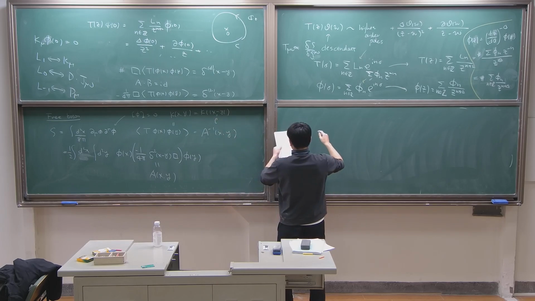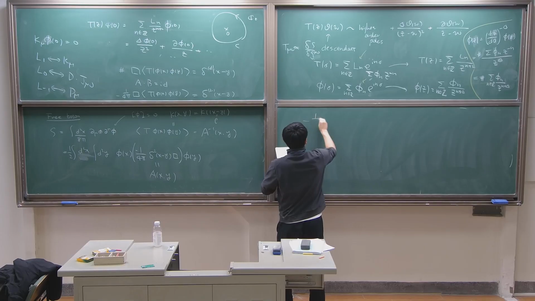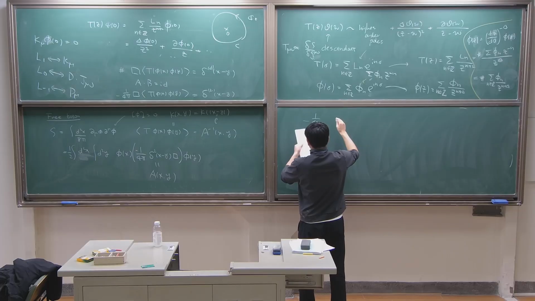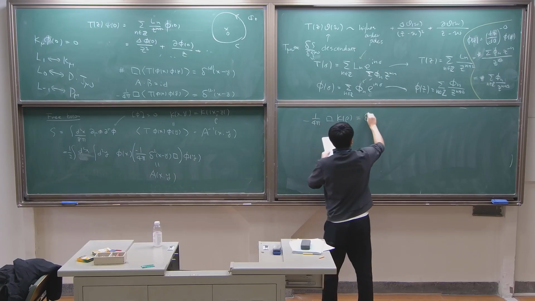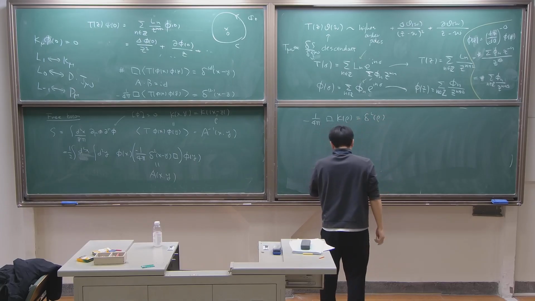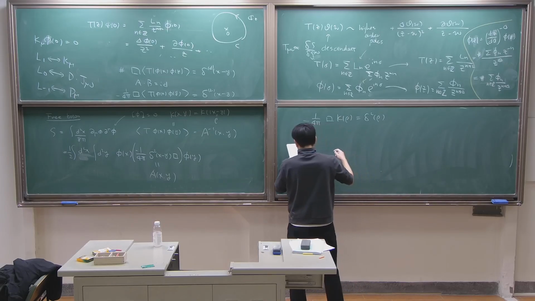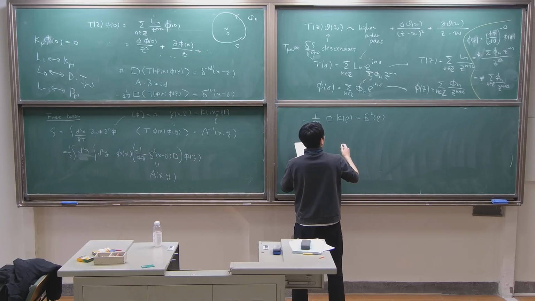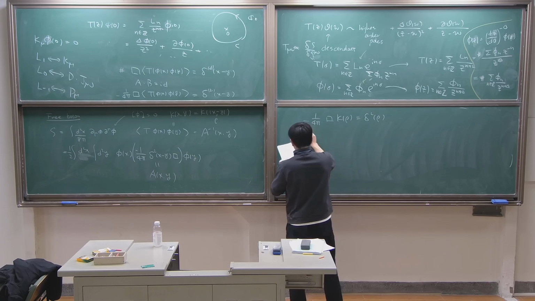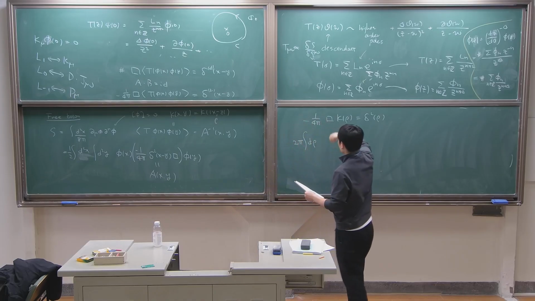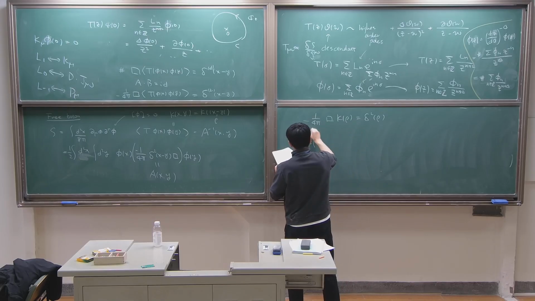Then, in fact, the Laplacian equation is like this way: the Laplacian of K of rho is equal to delta 2 of rho, and then you just need to do the appropriate normalization. Here, if you just integrate by d rho times 2 pi, where 2 pi is just the theta direction, and then from 0 to r.